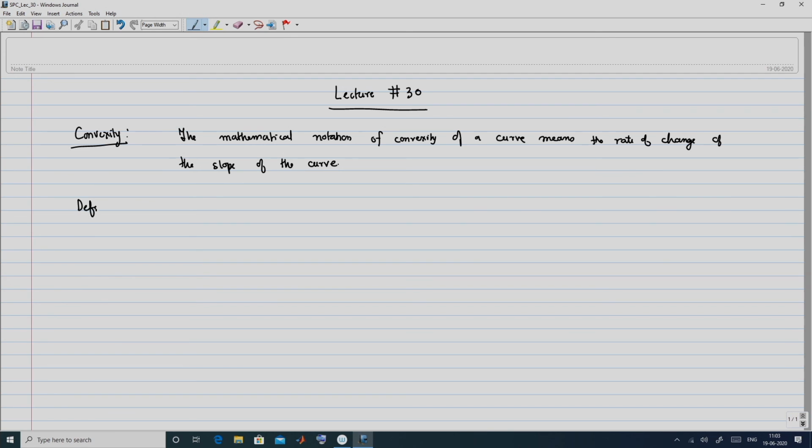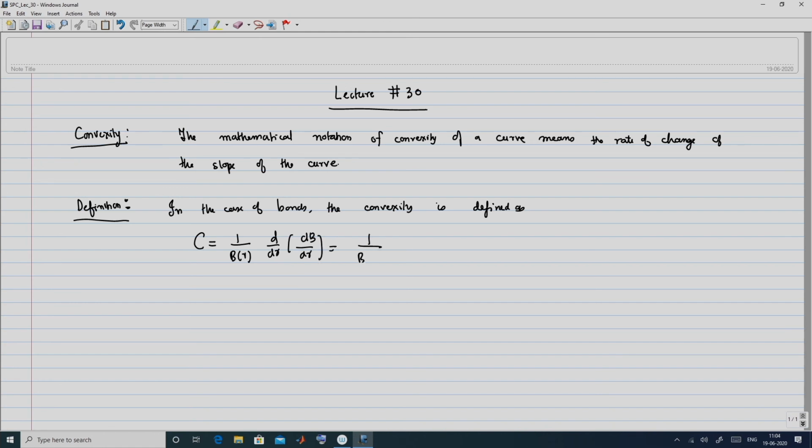More formally, in the context of our discussion, in the case of bonds, the convexity is defined as C is equal to 1 over B(r) into d/dr of dB/dr, which is 1 over B(r) into d square B over dr square.